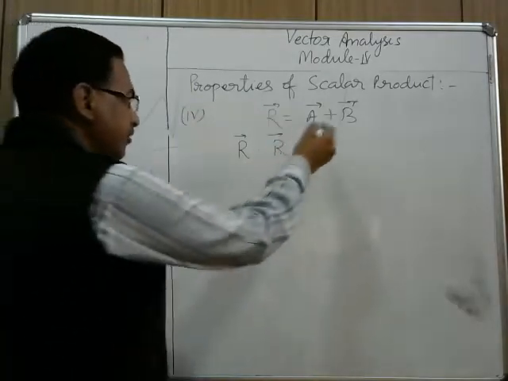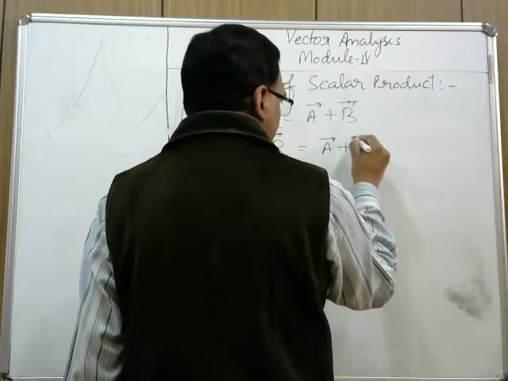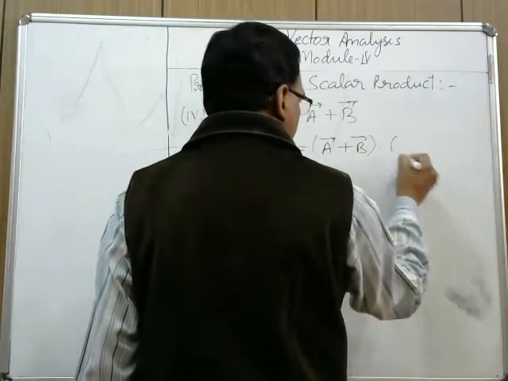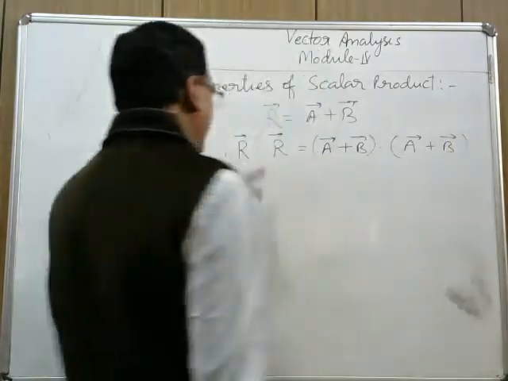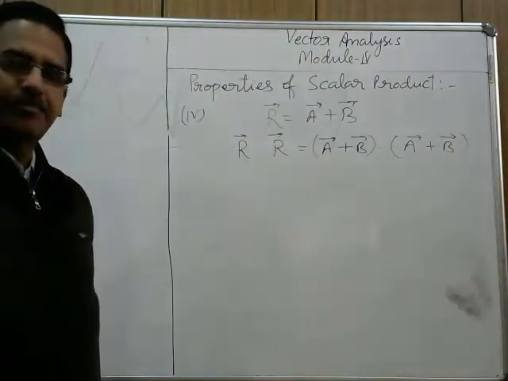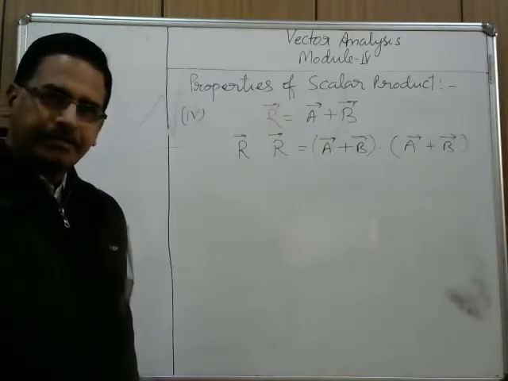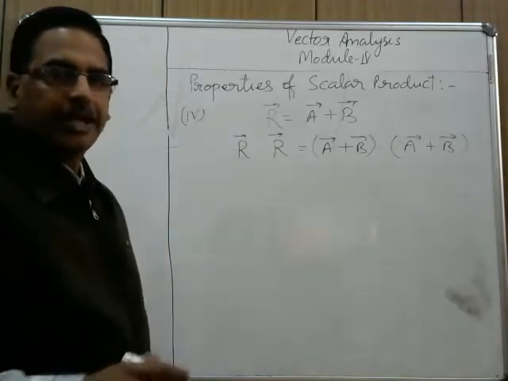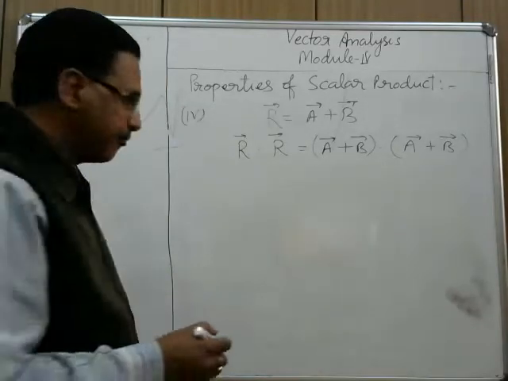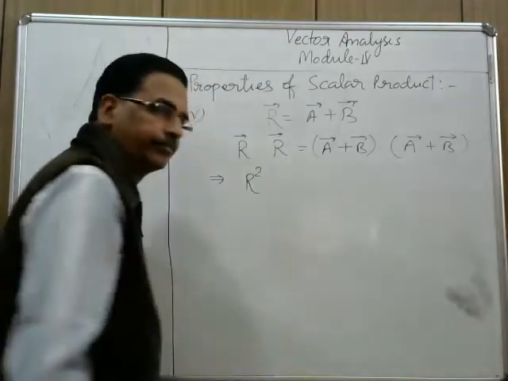Now since R is equal to vector A plus B, so I can write A plus B dot A plus B. Replacing vector R by A plus B. Now R dot R, by using the property of self product, equals R square.